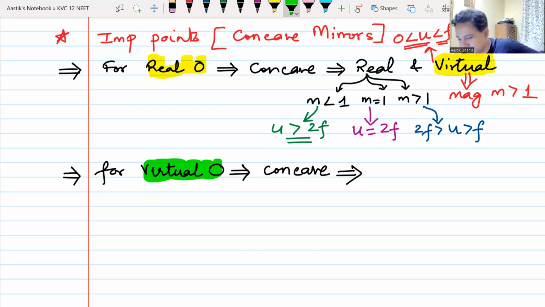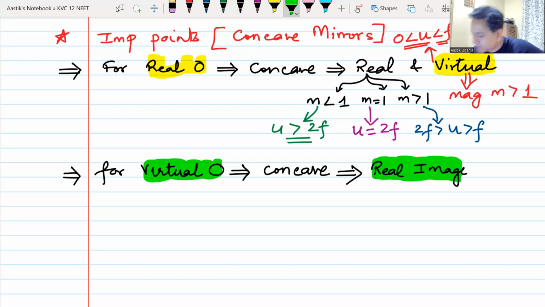For a virtual object, it can only form real images. For a virtual object, a concave mirror can only form real images.